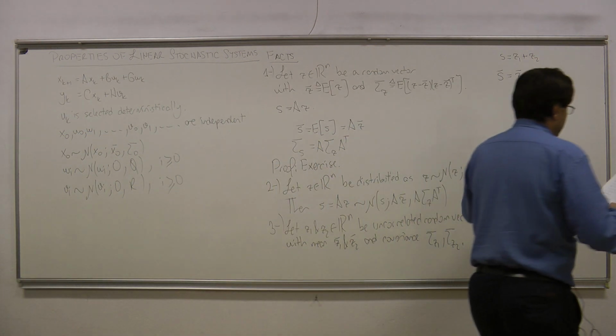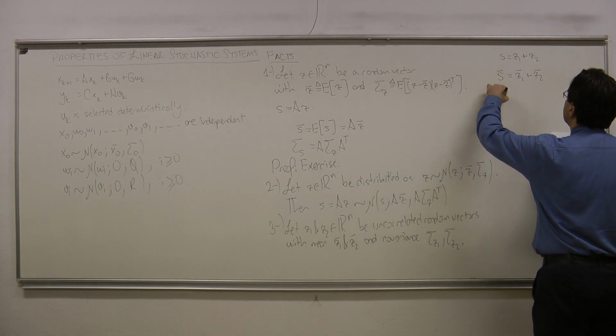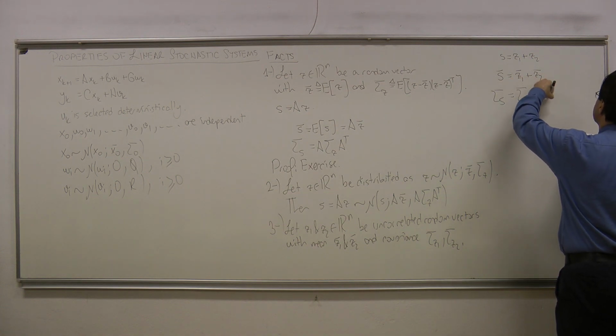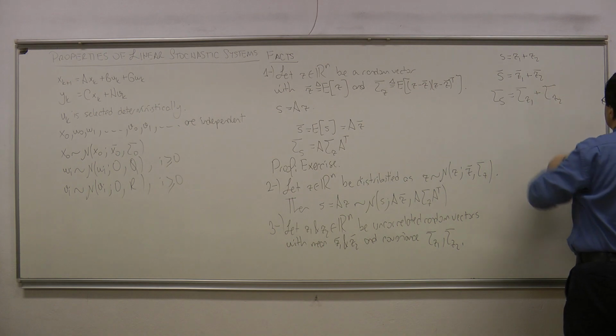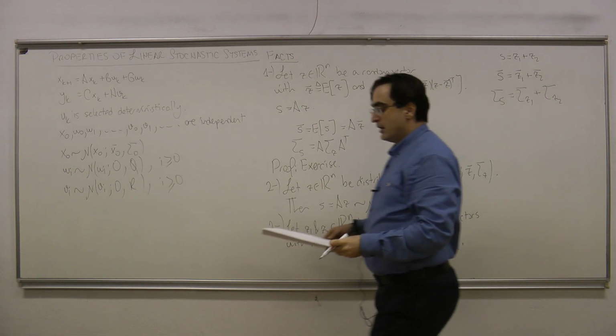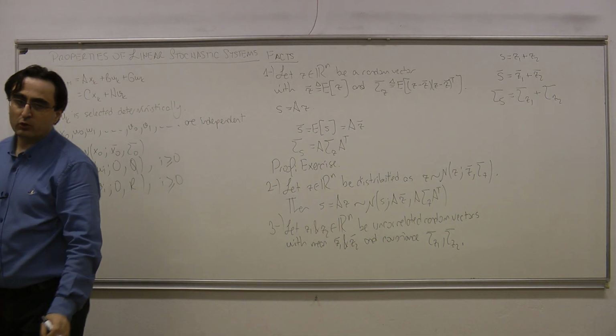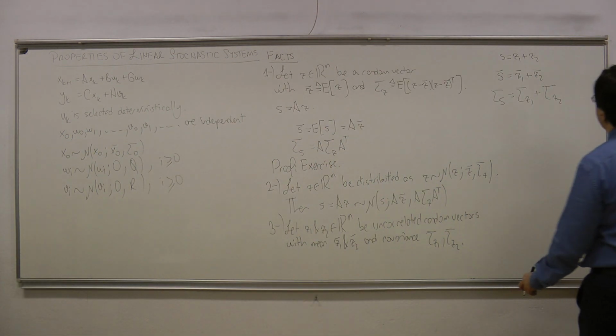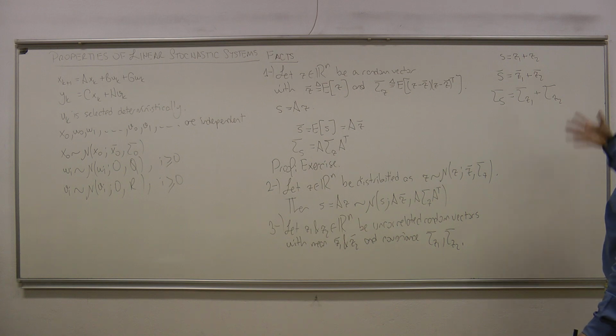When I look at the covariance of S, then it's going to be the summation of the covariances of Z1 and Z2. And for this second equality, uncorrelatedness would actually be required. Okay? Why is that?